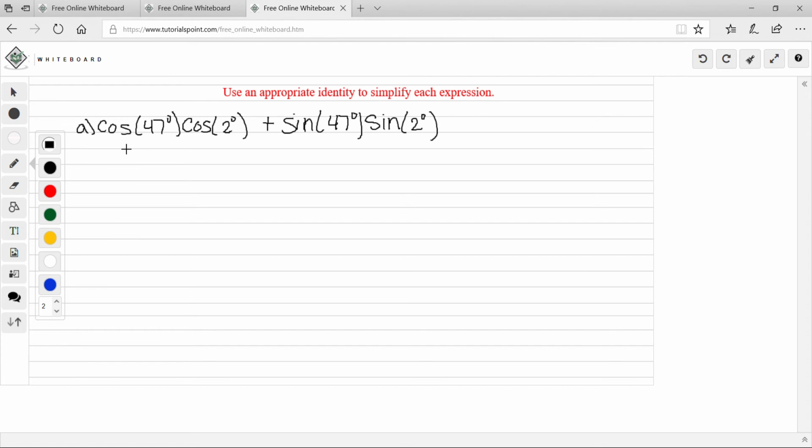It says use an appropriate identity, so I will use cosine of a difference.